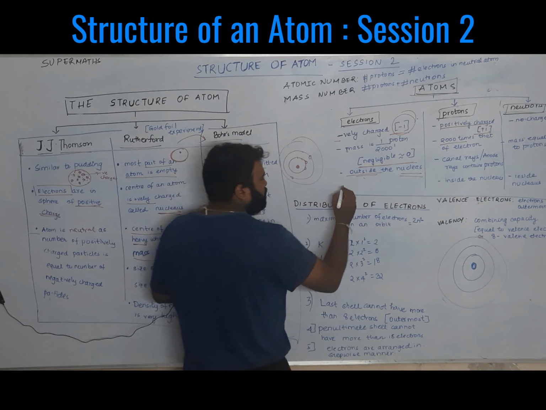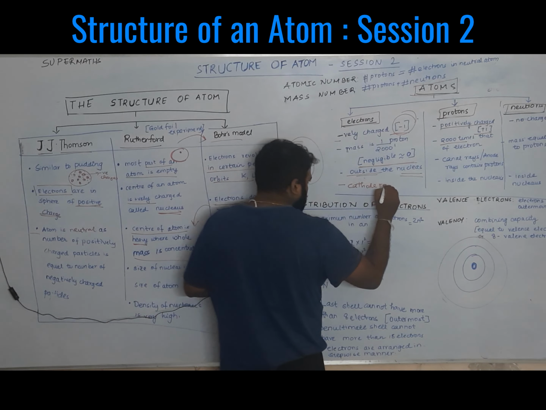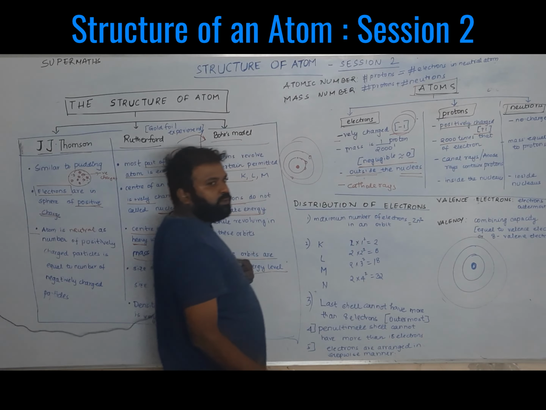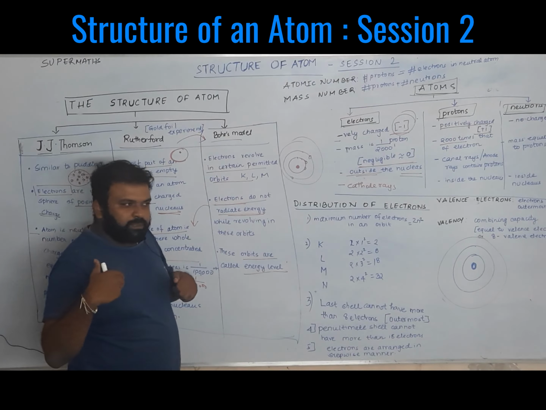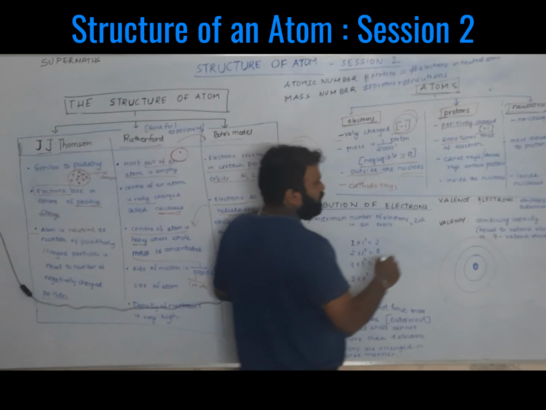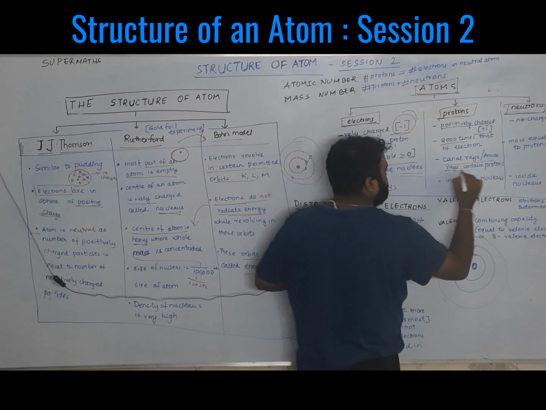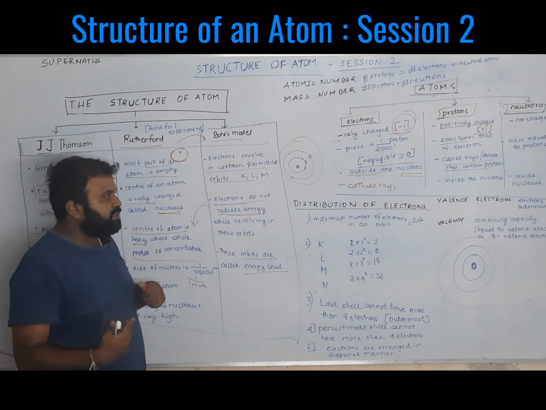Electrons are contained in cathode rays. For protons, you need to devise some technique or do an experiment which gives you canal rays or anode rays, and these rays contain protons. And these protons stay inside the nucleus.